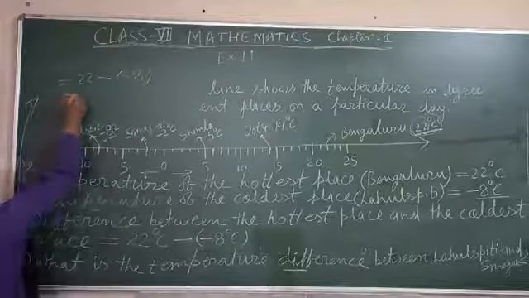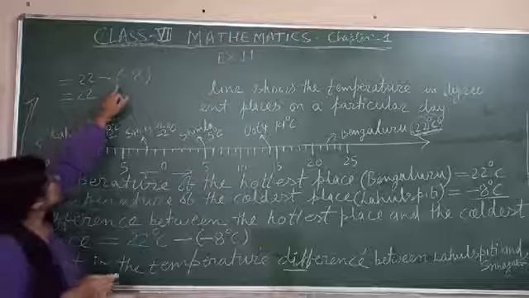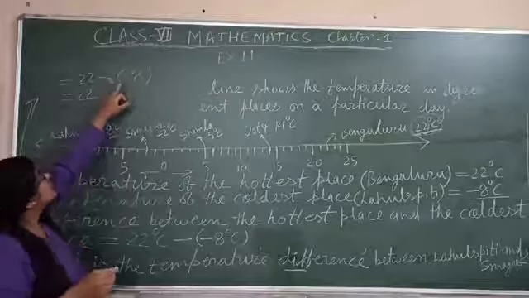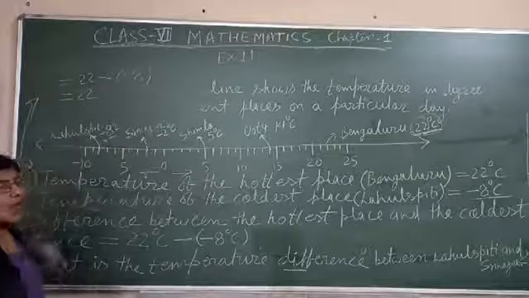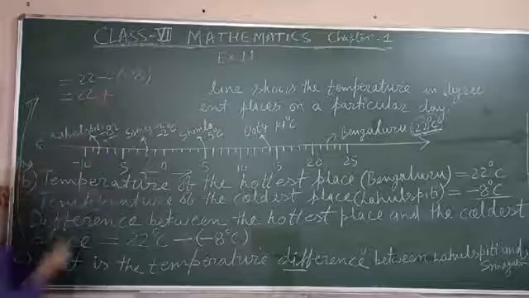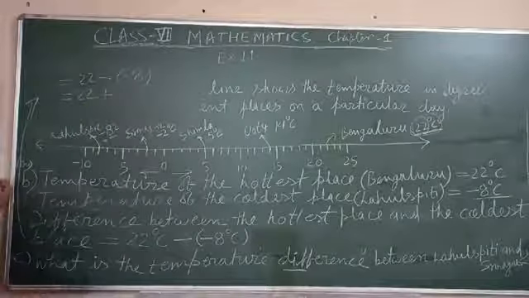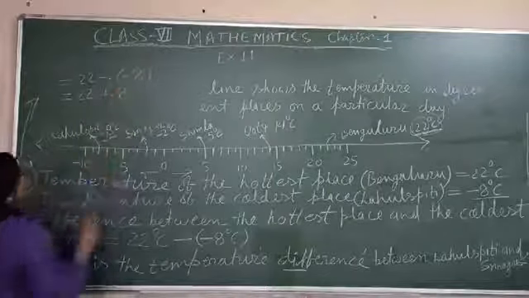So minus outside, and earlier I told you within the bracket there is a minus sign. Bracket means multiply, minus into minus. When you multiply the same sign, the sign becomes positive, minus into minus is plus, and now you write 8.